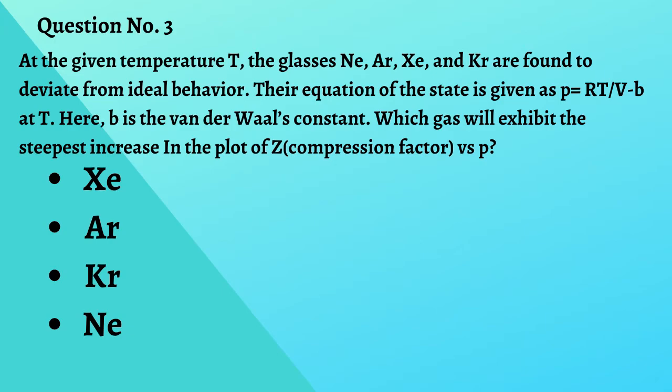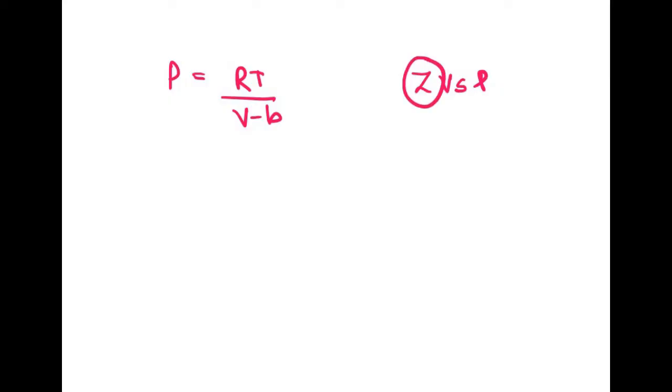Okay. Question number 3 says that there are 4 noble gases: neon, argon, xenon and krypton, and they are supposedly behaving according to the gas equation P equal to RT by V minus b. And the question is, which gas will have the steepest plot or steepest increase in the plot of Z versus P? Fair enough. So first we have to find out the Z from this equation.